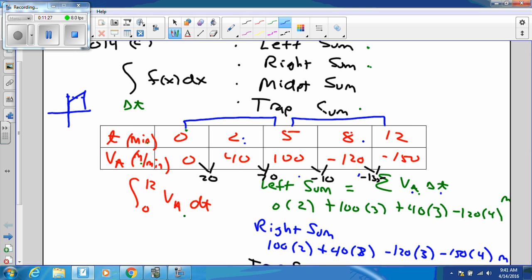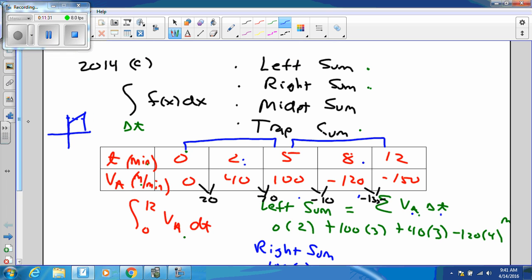Now I promised that you needed to know something about error, so let's talk about that for just a minute. For the left sum and the right sum, the error is found in the first derivative. And to see that and remember it, you want to take an example for yourself. The typical example that I usually do is a curve like this.